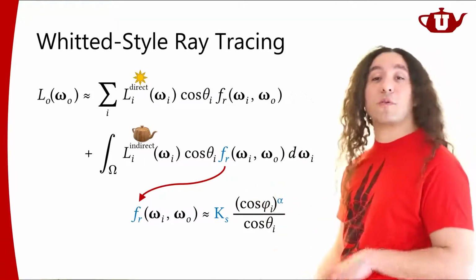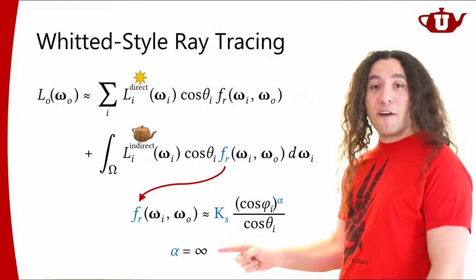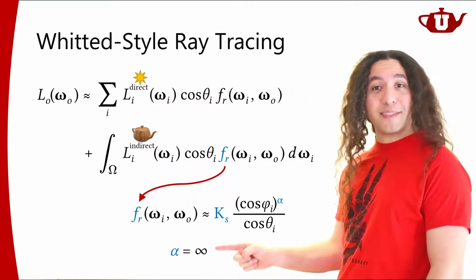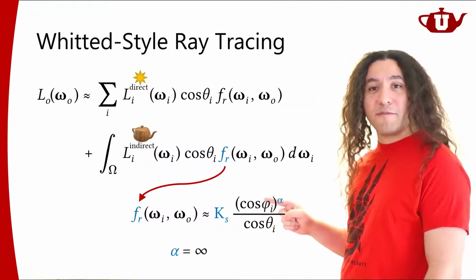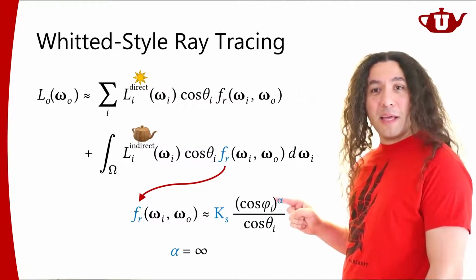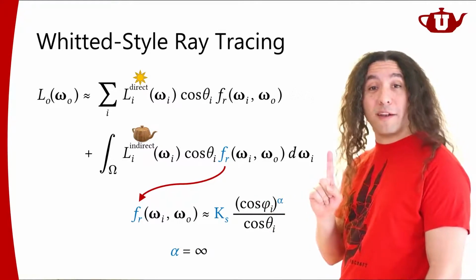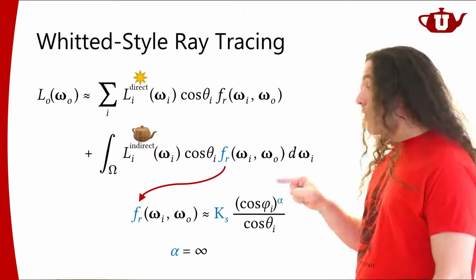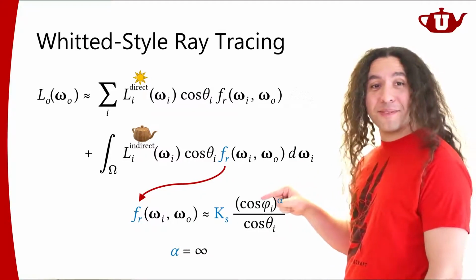And if I set this to infinity, something funny happens. This cosine phi term becomes 0 unless cosine phi is 1.